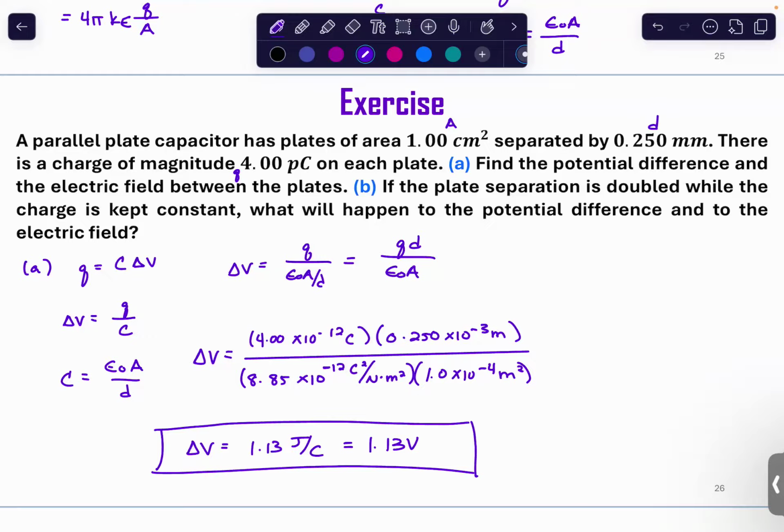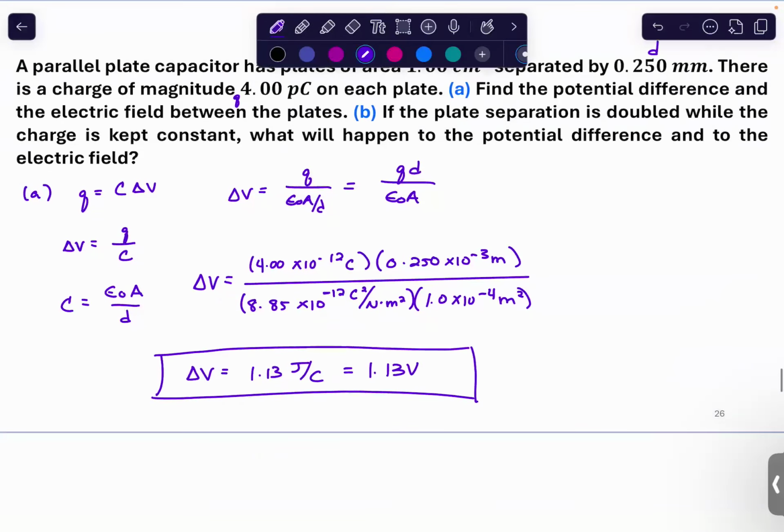Now, part B. Do you think you can do that without using any numbers? If the plate separation is doubled while the charge is kept constant, what will happen to the potential difference?